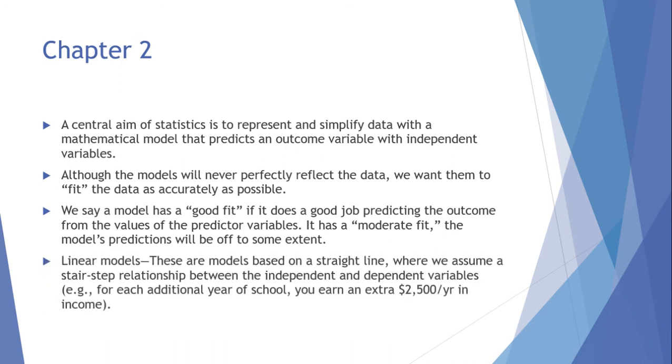Now, another important thing, linear models. These are models based on a straight line, where we assume a stair-step relationship between the independent and the dependent variables. So, for example, I list here an example. For each additional year of school, our model predicts that you will earn an extra $2,500 per year in income, how much you earn on your job.